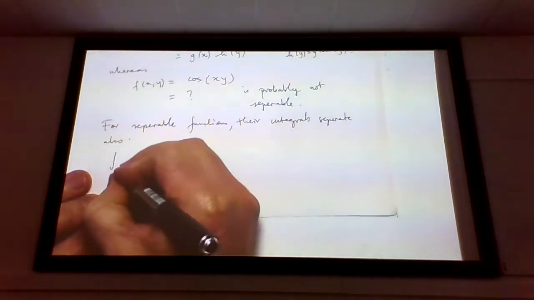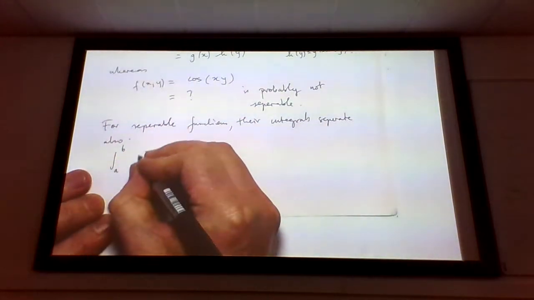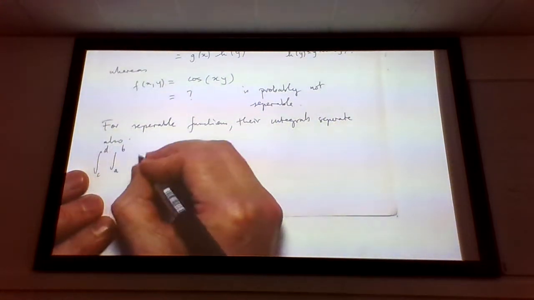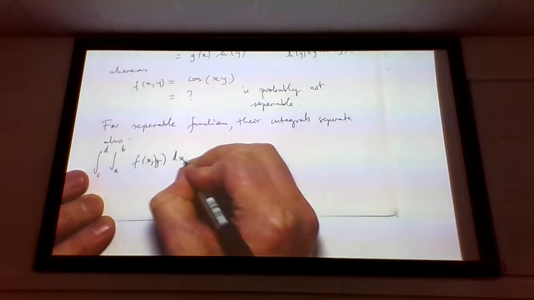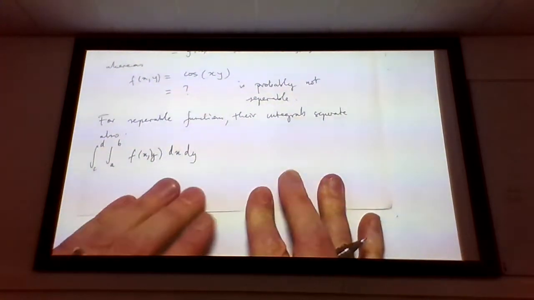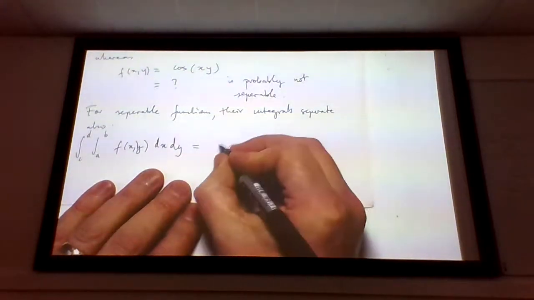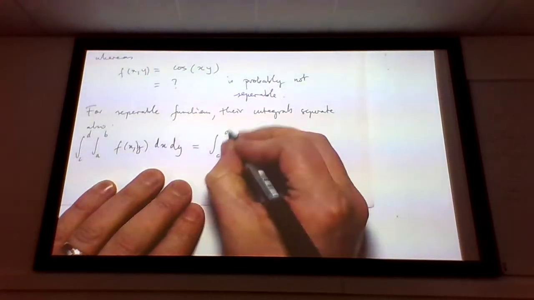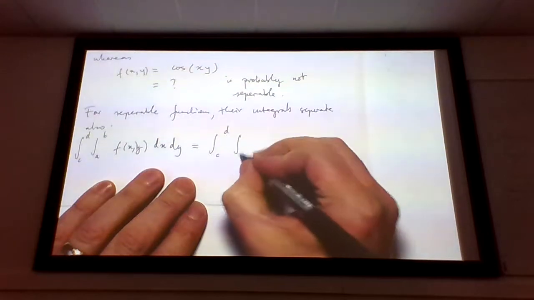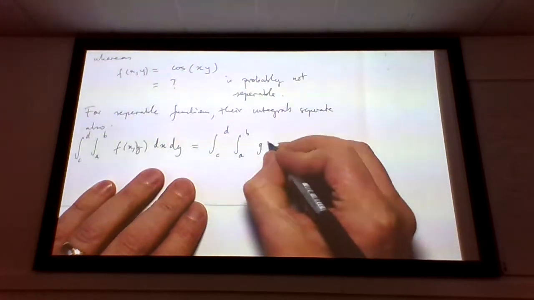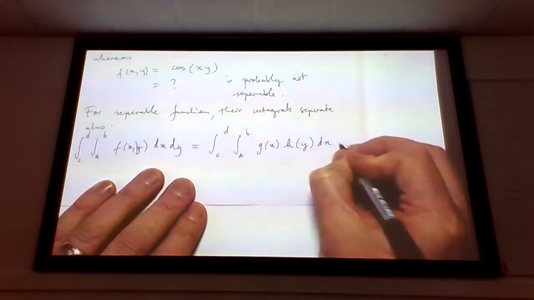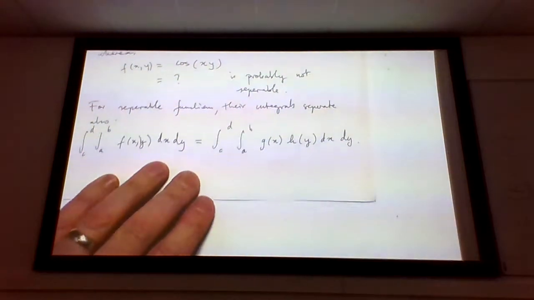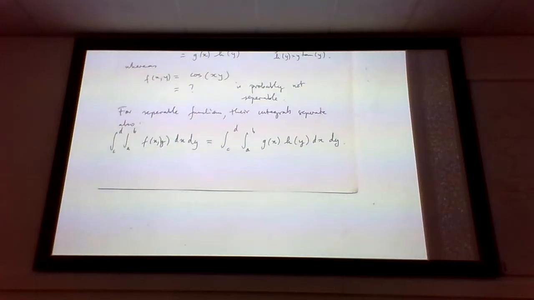So if you have the integral from a to b, or c to d, of f of x, y dx dy, once you change the representation of the function into its separated form, g of x multiplied by h of y dx dy, these things can start to move around, okay?